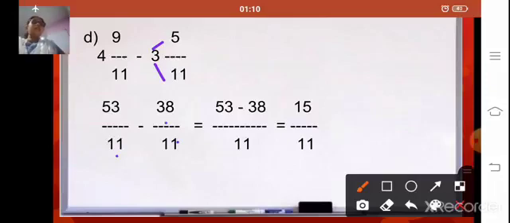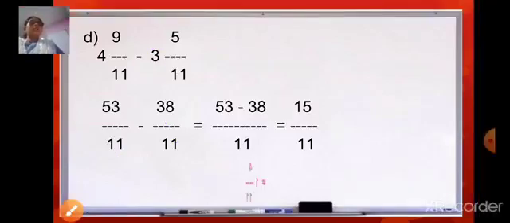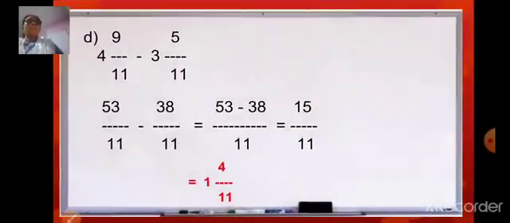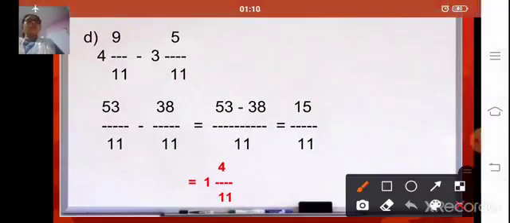Now 53 minus 38 is 15 upon 11, and when you divide 15 by 11, you will get the answer as 1 whole 4 upon 11. So that is your final answer.